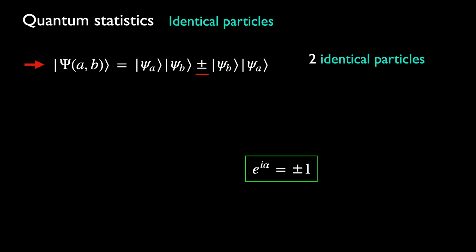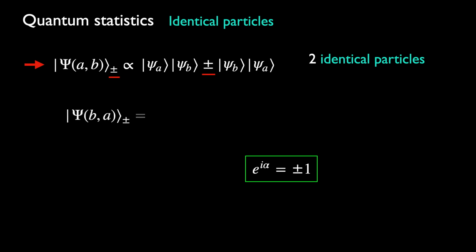Note that this state may not be normalized, but that's okay. Let's label this state according to the relative sign. This definition implies whenever we switch A and B in the state, we simply get back the original state multiplied by its sign. This result should hold even for more than two identical particles.